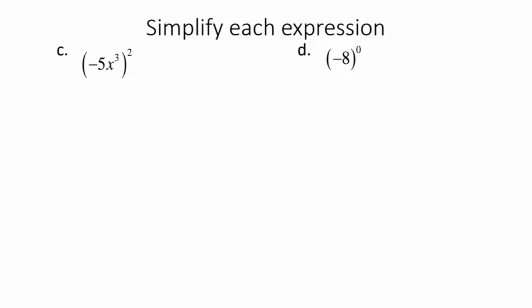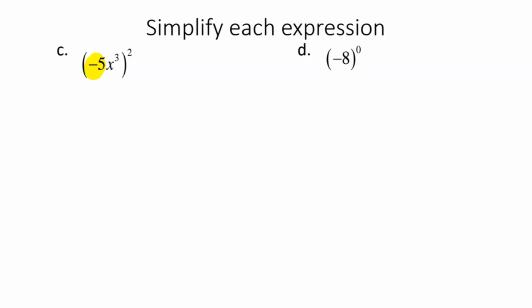Now, the next one you got to be careful with, because this has a -5. I'm going to do this one the long way. It's still the piggyback rule, but this is where you have to be careful.